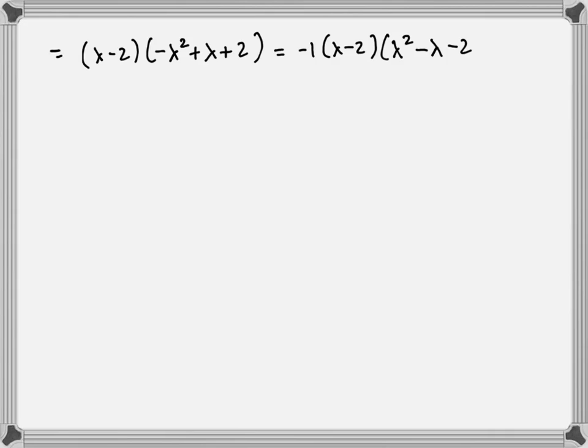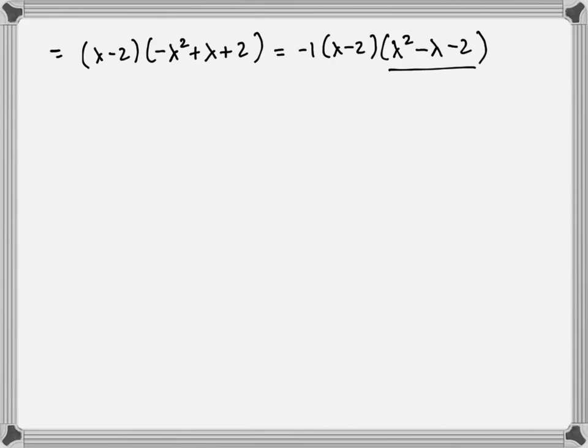This is equal to lambda minus 2 times negative lambda squared plus lambda plus 2. And if we pull out a minus 1, we end up with lambda minus 2 times lambda squared minus lambda minus 2. Which, I can factor this, right?